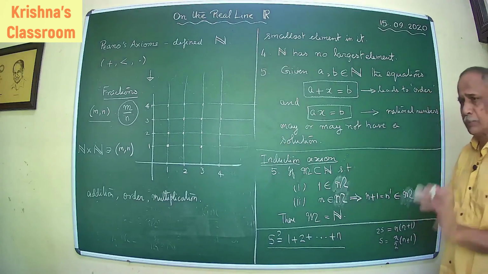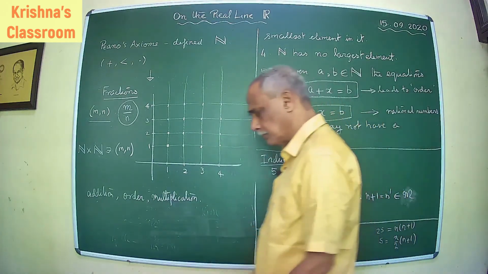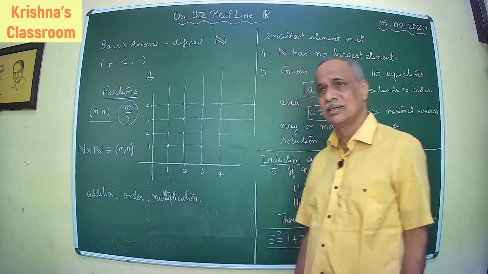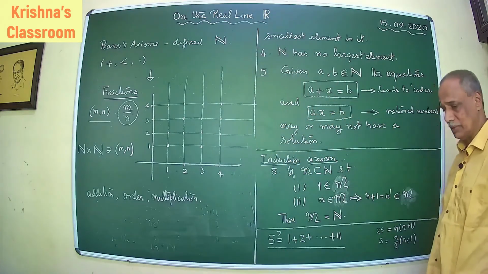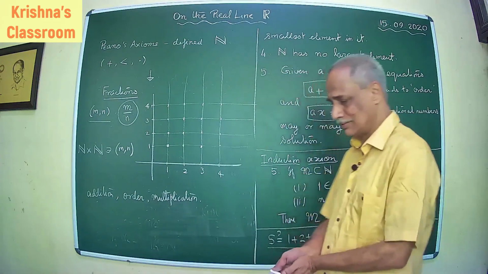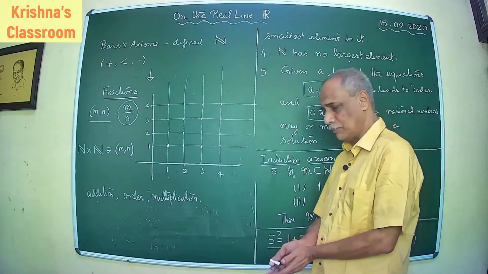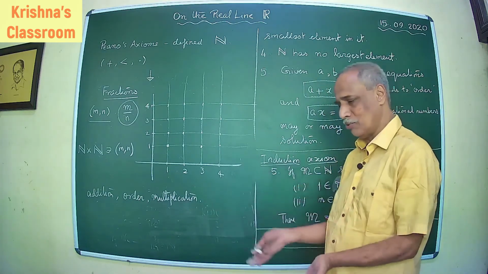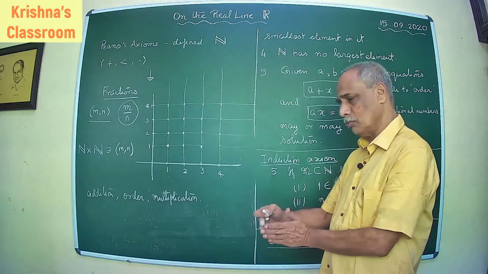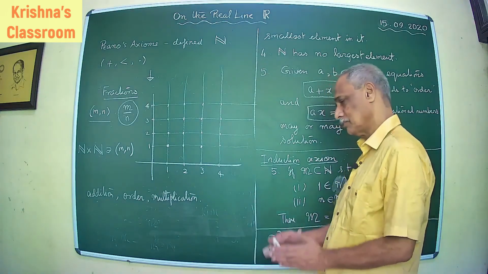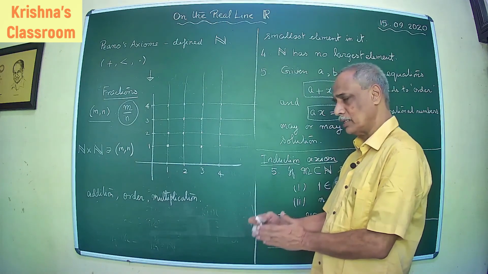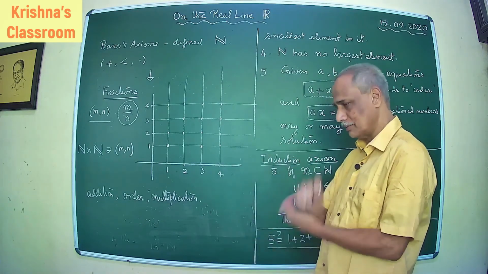Then we came across a weird problem. The problem was this. We know that if you have a cake and subdivide it into 6 equal parts, and then take 2 such pieces, it constitutes what is called 1/3 of the whole.